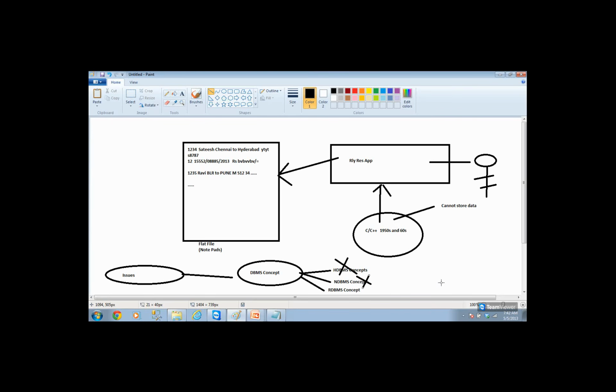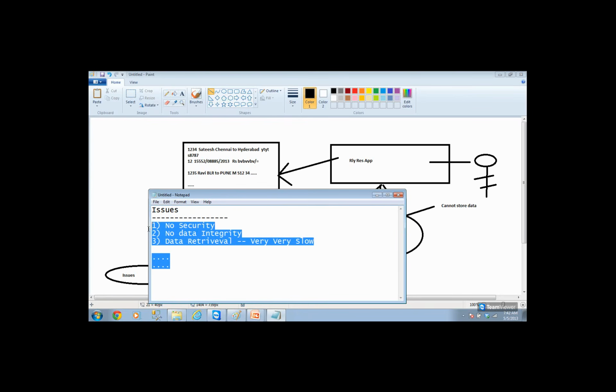And the RDBMS concept is the new one, which was introduced in the 1970s, I think, which is completely new.